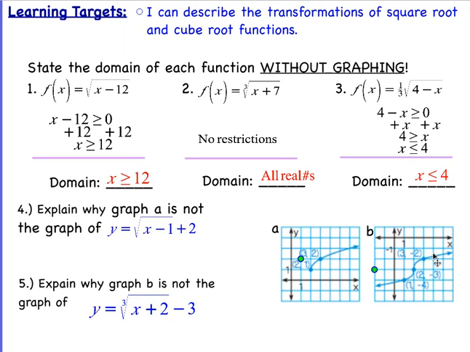So this graph would have to slide over to the left. Okay, so be careful when you're graphing these functions, because it matters where you start and it matters where the bend is. So let's take a look at some rules when we're graphing.